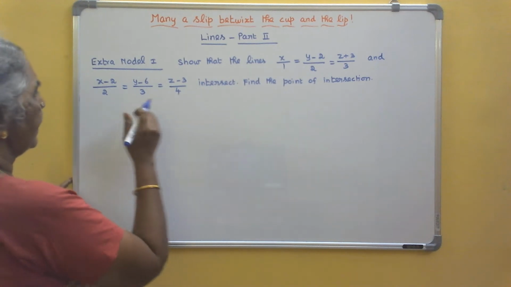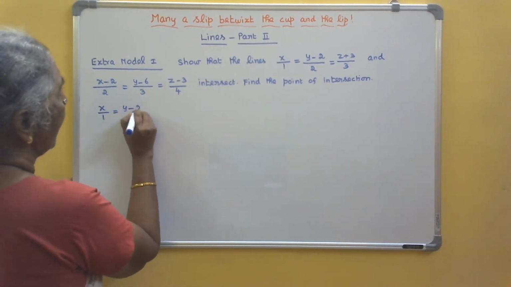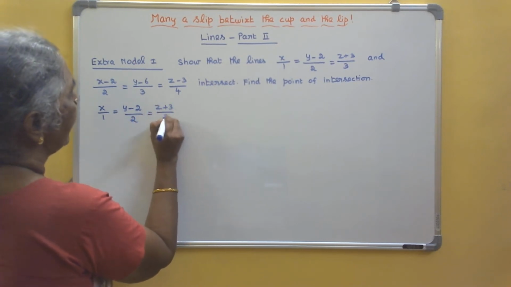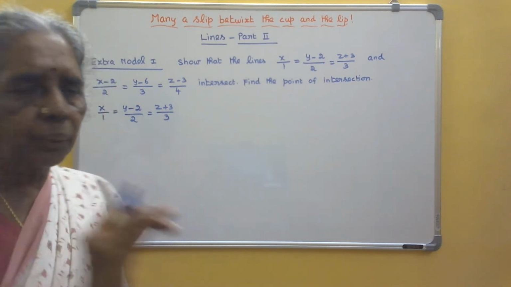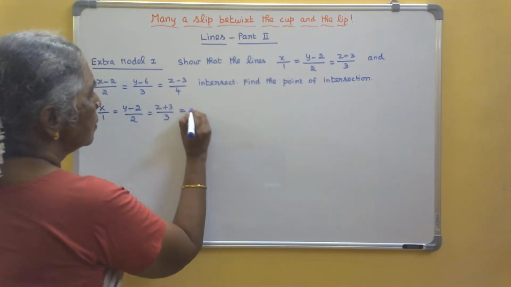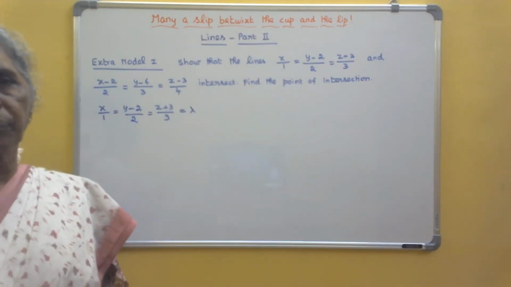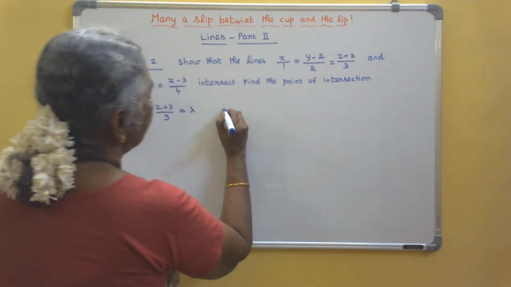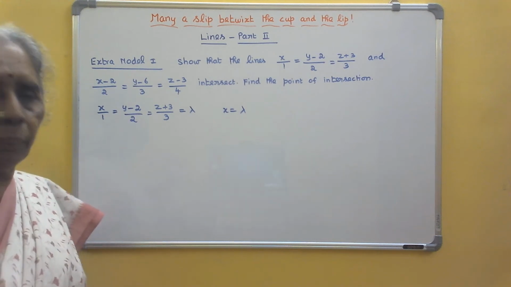Now let me write the first equation, that is x/1 = (y-2)/2 = (z+3)/3. These are all equal ratios, so we can equate them to some constant. I can write it as lambda. So if you take the first and second, I get x = lambda, that is the x coordinate will be lambda.